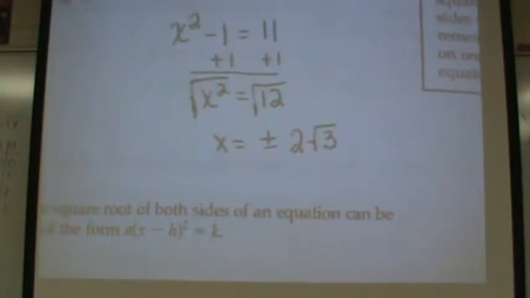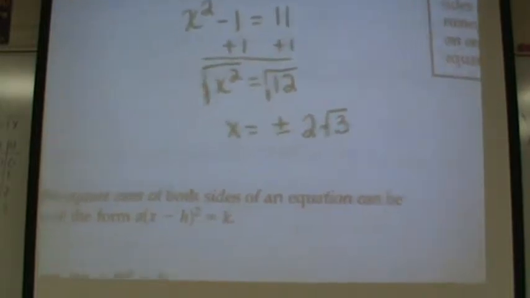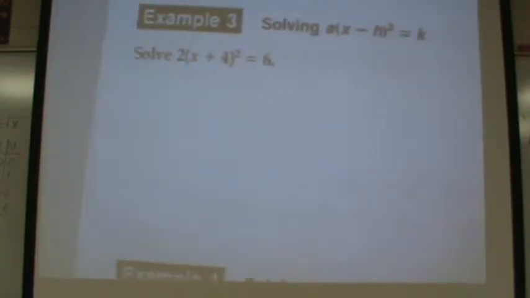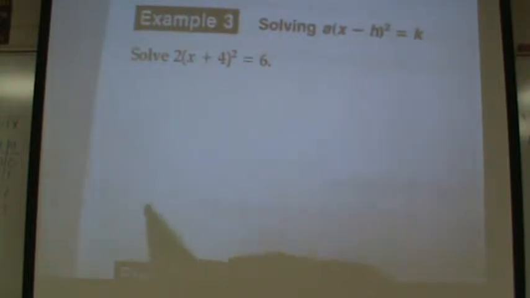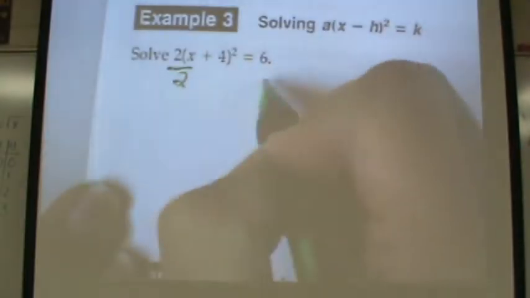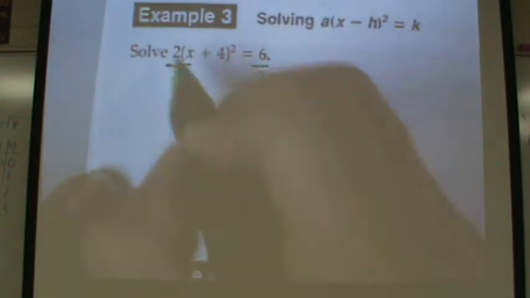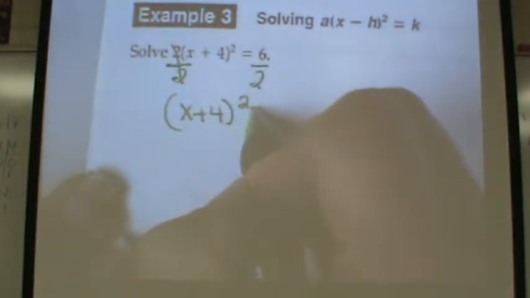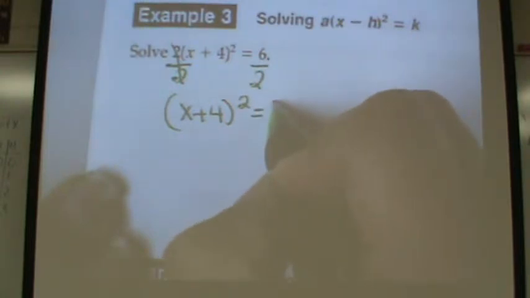Now this technique also applies to these kinds of questions also. You can take the square root of both sides on this one, but first what do you do with that 2? Divide both sides by 2. So you get x plus 4 squared equals what? 3. Good.